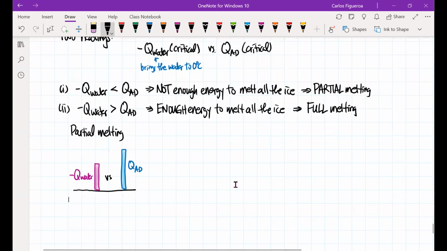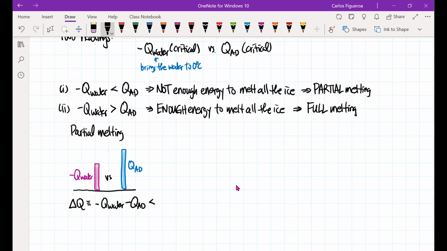So in this case, you clearly see that Q of the water is smaller than QAD. Now here's the key thing. I'm going to define this quantity delta Q, which is minus Q of the water minus QAD.